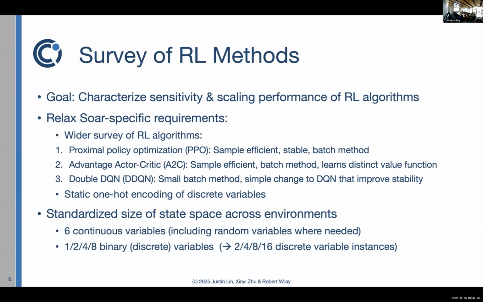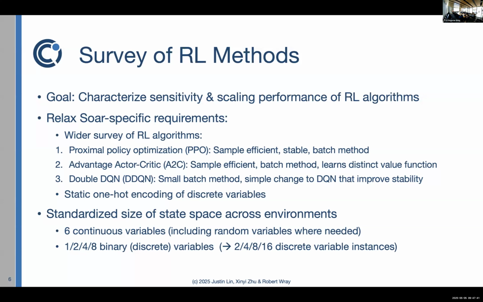So I just wanted to mention this survey of RL methods. What we wanted to say was, how sensitive are these different algorithms to different numbers of variables? How do they scale? To do this, we relaxed some of our SOAR specific requirements and looked at 3 algorithms.